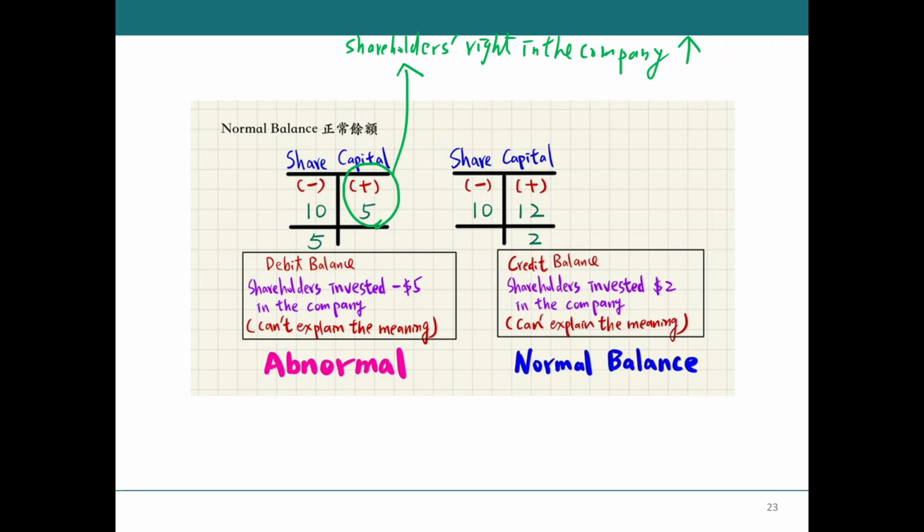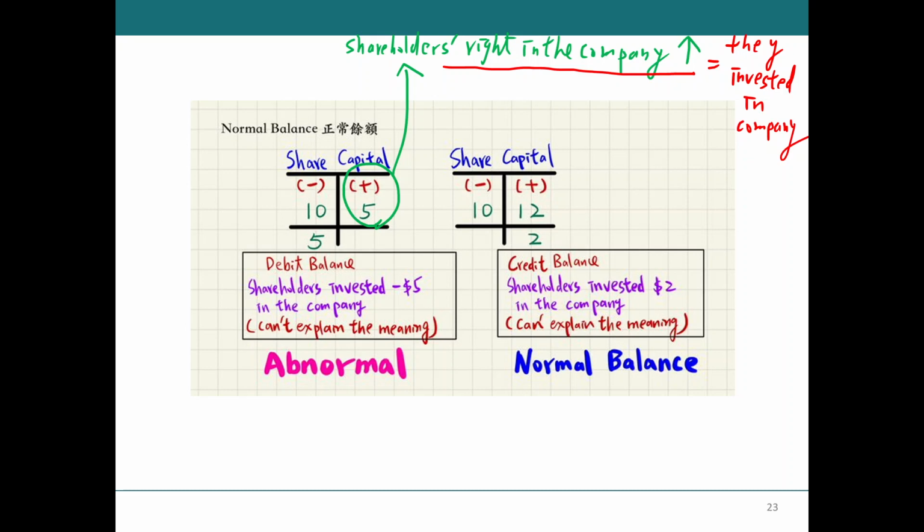So of course their right increases, right? Their right increase means they invested in your company. They put their money in your company, so of course their right increases.